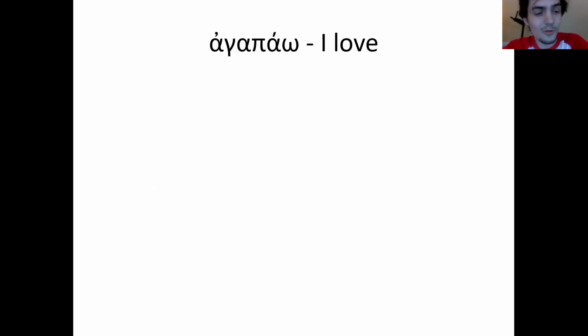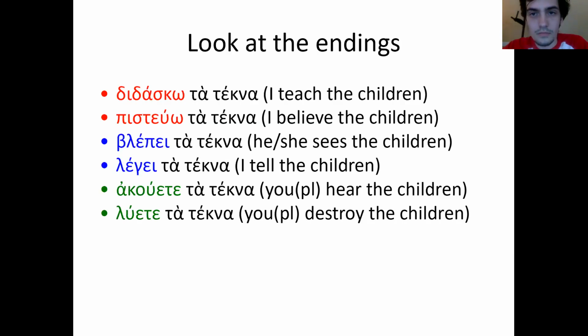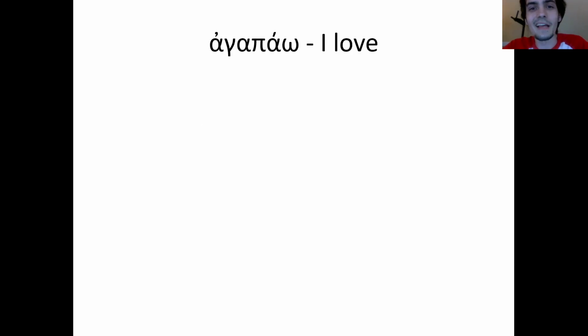Don't worry about all those words. We'll explain them all in this chapter, but agapao is a good example of an omega verb. So I put that there. Now, sorry about that.